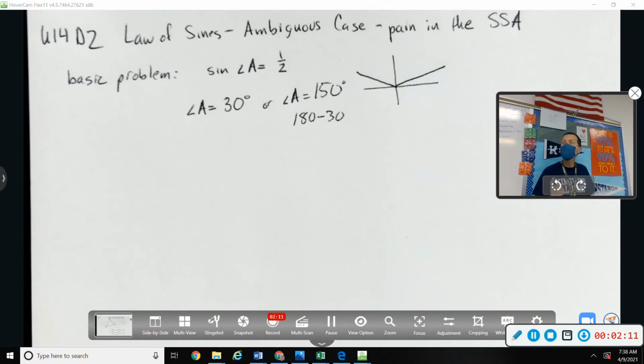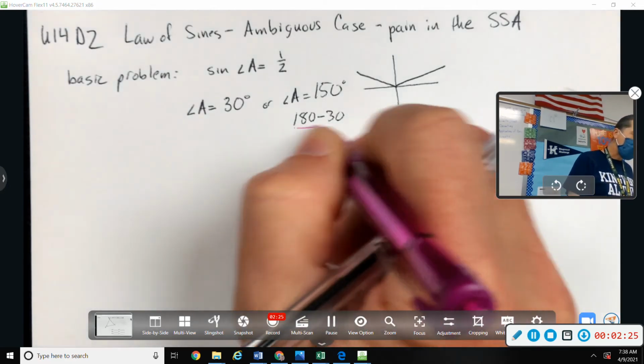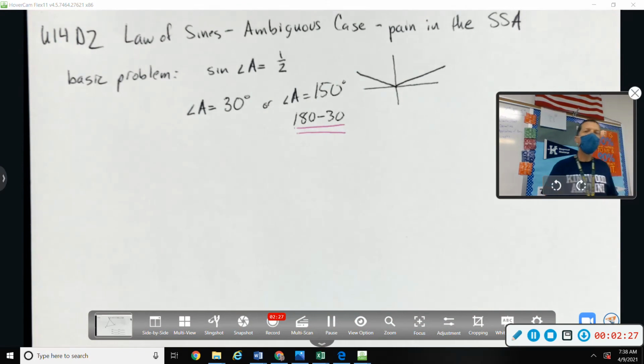You remember when we did this a couple units back, the calculator would give you one and you'd have to do pi minus to get to the other. Does that sound familiar? I hope so. Well, today instead of pi minus to get the other, we're going to have to do 180 minus to get the other. And that's part of what makes it ambiguous, is there might be two angles.